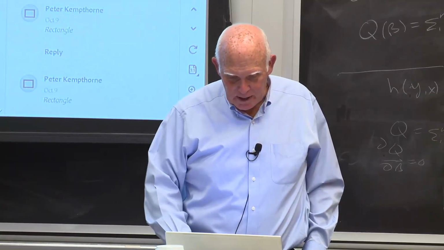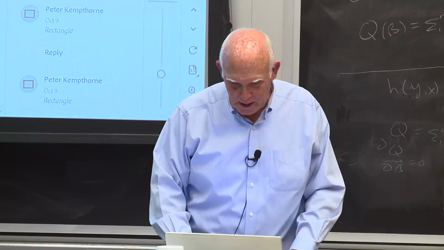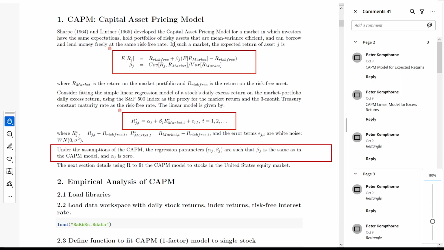So with this, we begin with a description of what the capital asset pricing model is. We went through this, I think, in our third lecture, which says that in an efficient market, the expected return of a stock, asset J, should equal the risk-free return plus a beta factor times the excess return of the market.